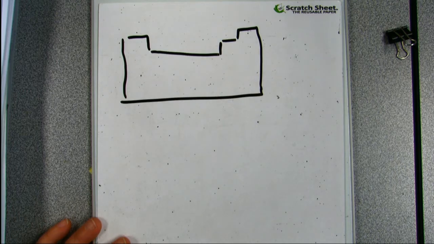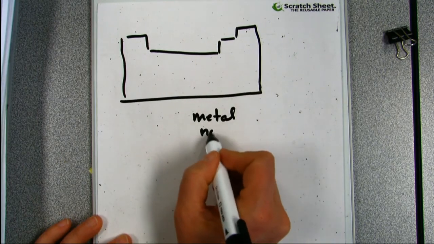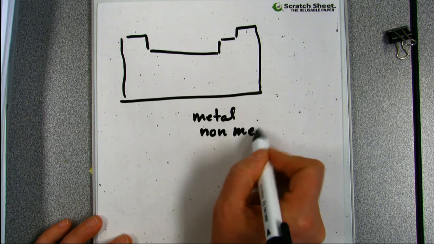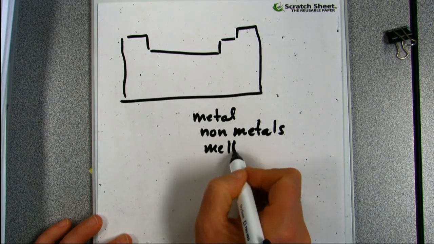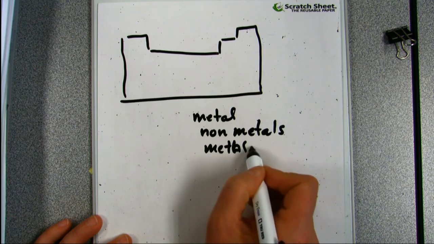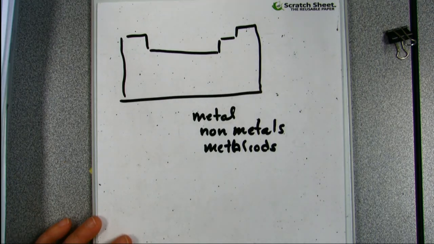But what's the periodic table comprised of? Elements. Well, they're elements, but we divide our elements into 3 groups. What are they called? Metals, non-metals, and metalloids. And which one of those 3 groups comprises the most of the periodic table?